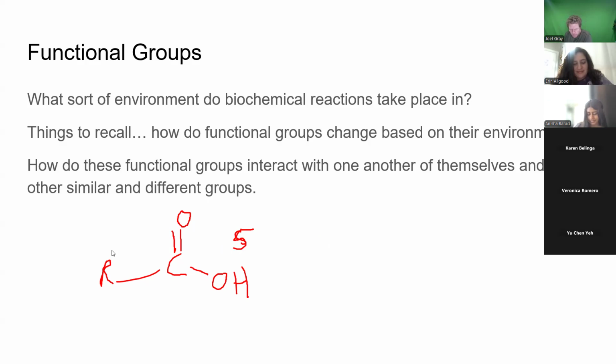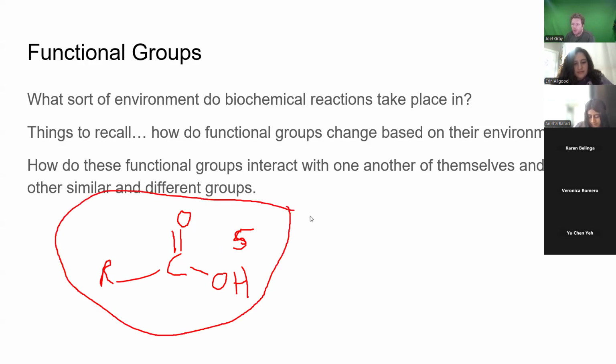Now, if I establish that my pKa of this is about 5, not quite 1 million, but we're going with 5, let's say that I threw this molecule into a solution with a pH of 9. A fairly basic pH, not extremely basic, but decently basic.